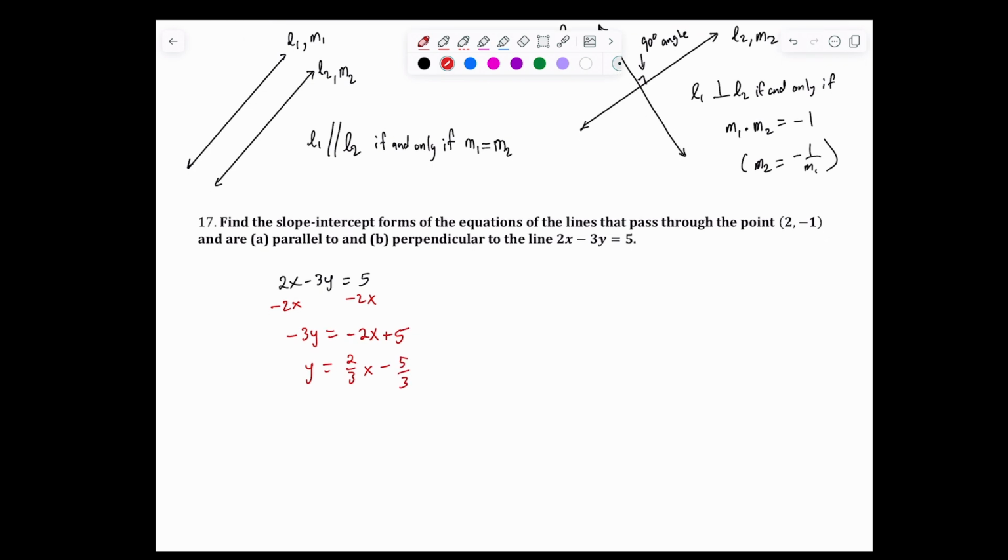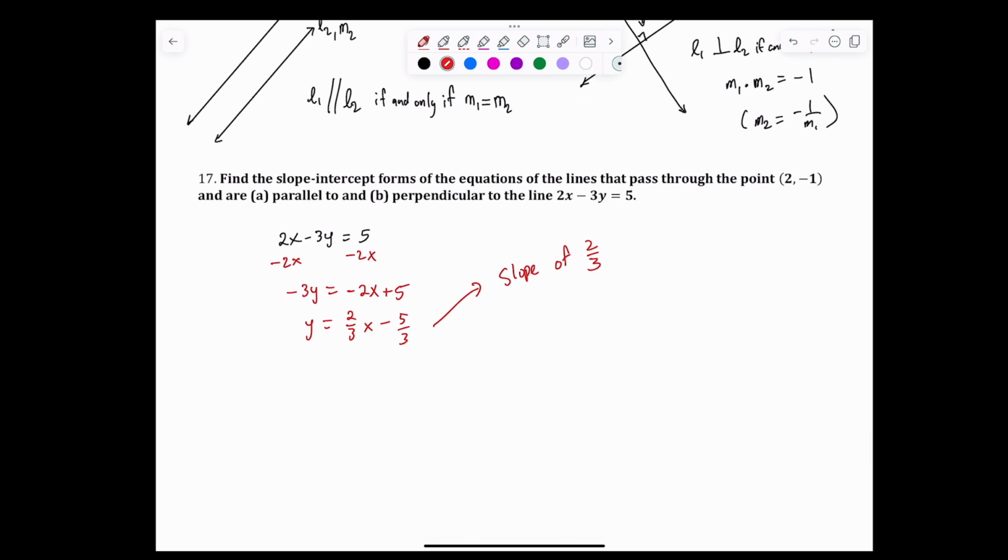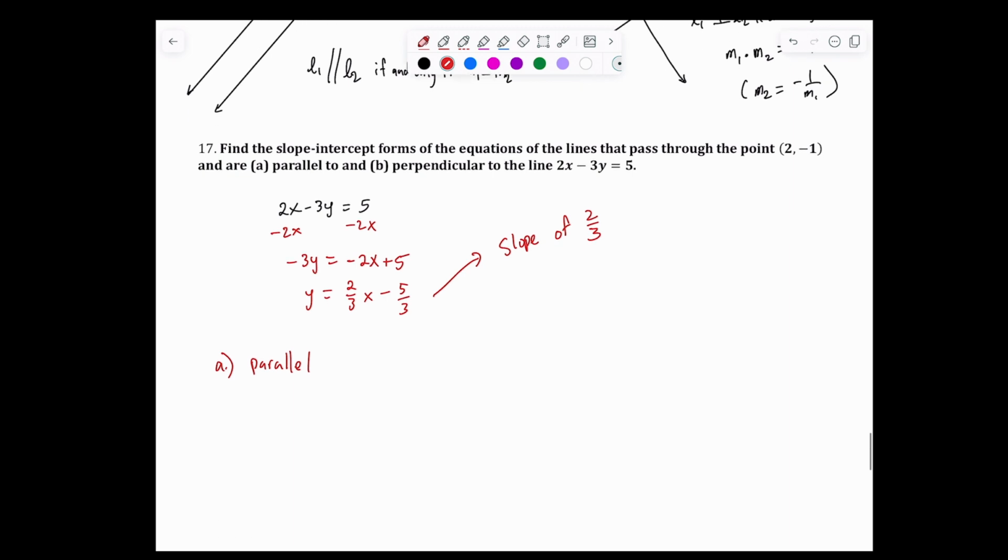All right, so what do we get out of this here? We get that this line has a slope of 2/3, and we're going to need that slope to find the line parallel to it and perpendicular to it that passes through the point (2, -1). So for the parallel line here, we're going to use the point-slope form of the line, y minus y1 equal to m times x minus x1.